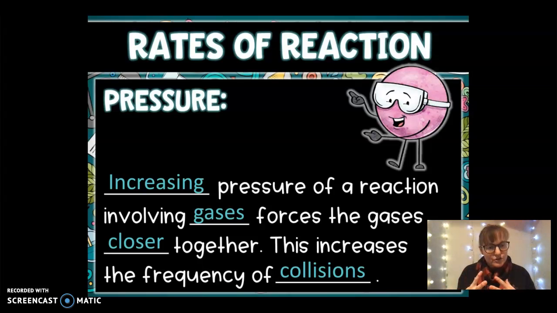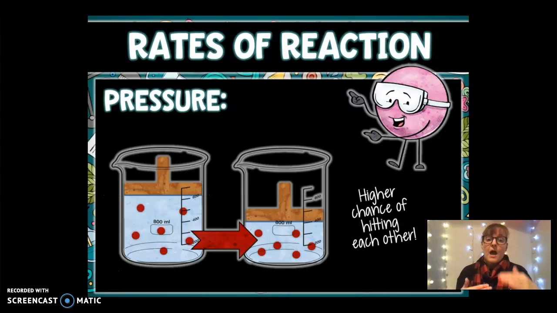So pressure can also be something that changes the rate of the reaction or how fast your reaction happens. Higher pressure, more collisions, faster reaction. Slower, you want to decrease the pressure, less collisions, slower reaction. Works both ways.